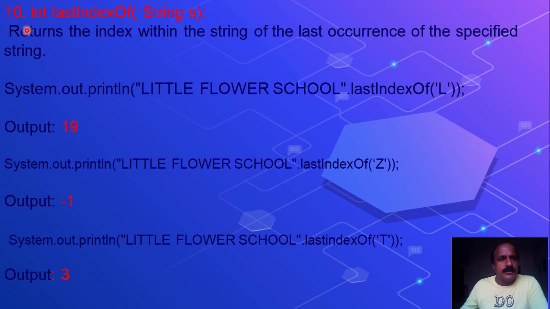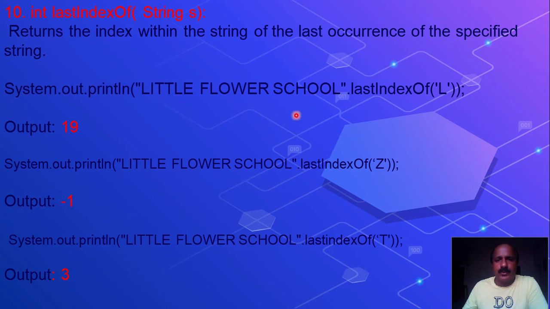Now the next function you are going to see is lastIndexOf. See the return type int, and a string will be given as the input. See the definition. It returns the index within the string of the last occurrence of the specified string.